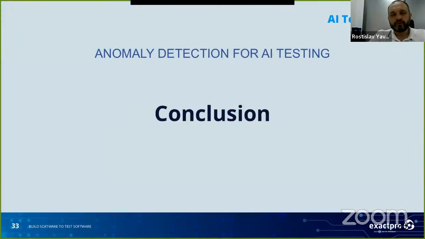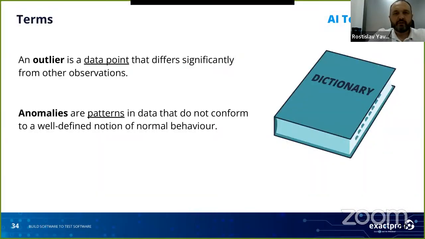So to conclude today's lecture, let's go back to definitions. As already mentioned, there are two similar terms used in this context. The first one is outlier, and the other one is anomaly. There is no clear difference.